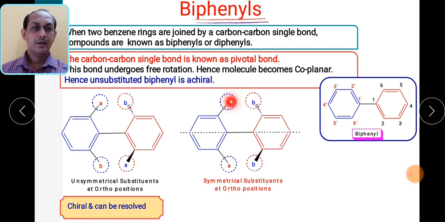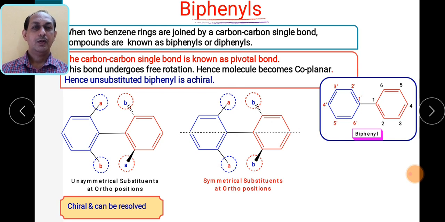For same substituent, let us see for this particular structure, they are same. A means they are same, B they are same, and see the stereochemistry. Okay, so what will happen for some symmetrical substituent, what I can find, if I pass a plane which is going from this particular point and which is bisecting the molecule into two halves, means it is a plane of symmetry. So what you can observe, in case of the plane of symmetry, the upper part and lower part, they are mirror images of one another.